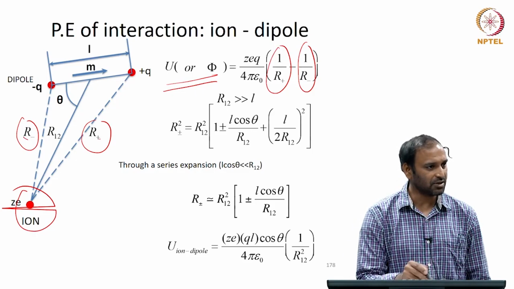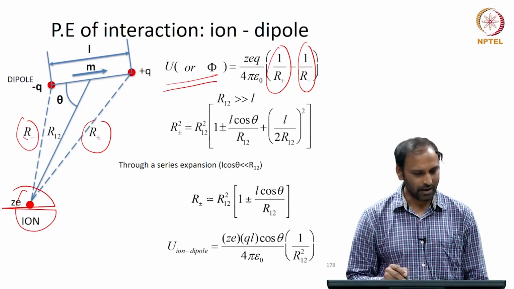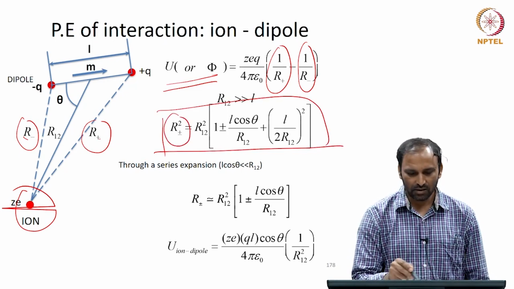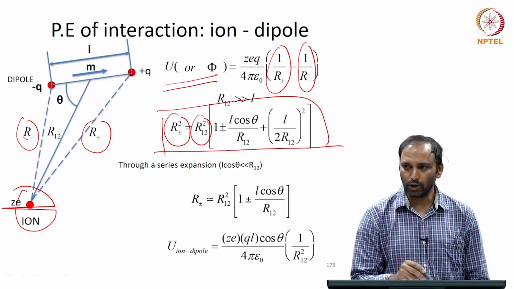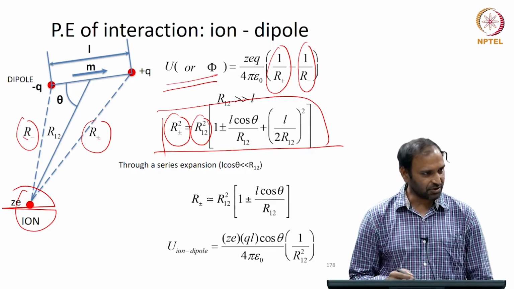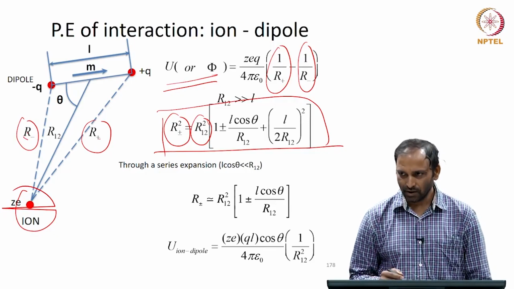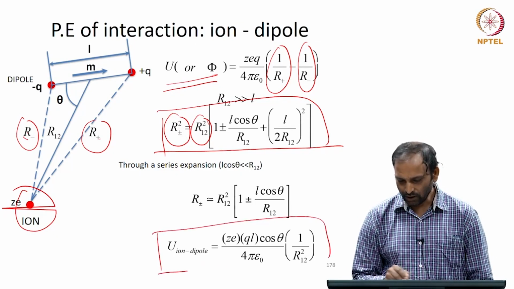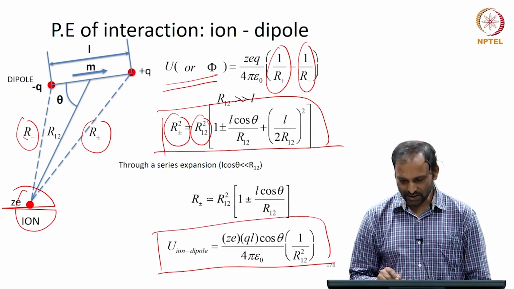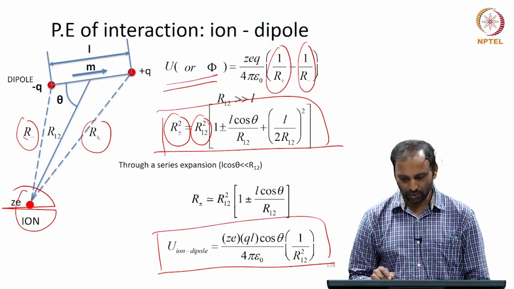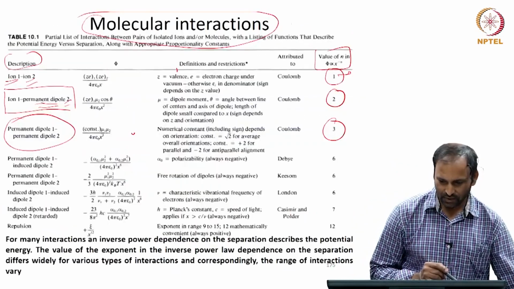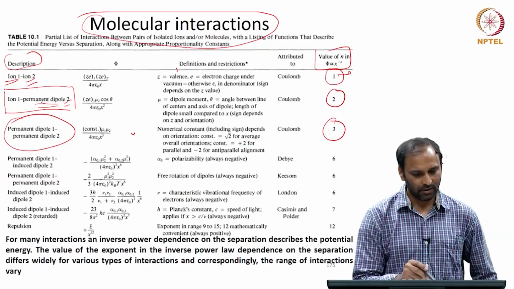These are just these two separation distances. And of course, I can derive an expression that connects these distances to r12. If you do some simplification, it turns out that the interaction between the ion and the dipole for any arbitrary orientation goes as Z e q L cos theta divided by 4 pi epsilon naught into 1 over distance square. So, that is this term.